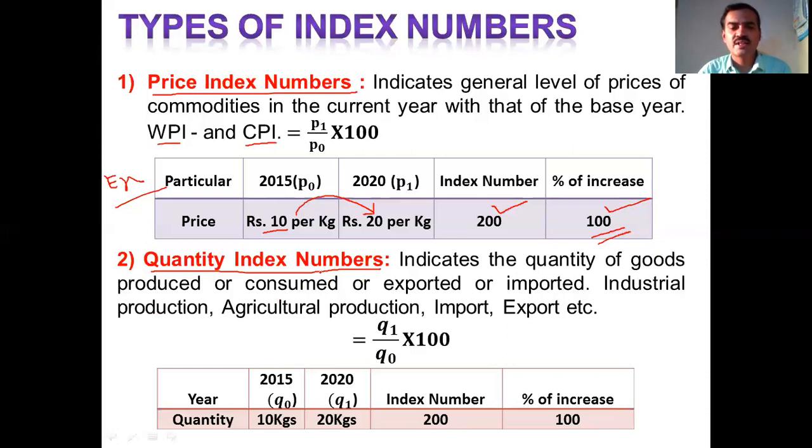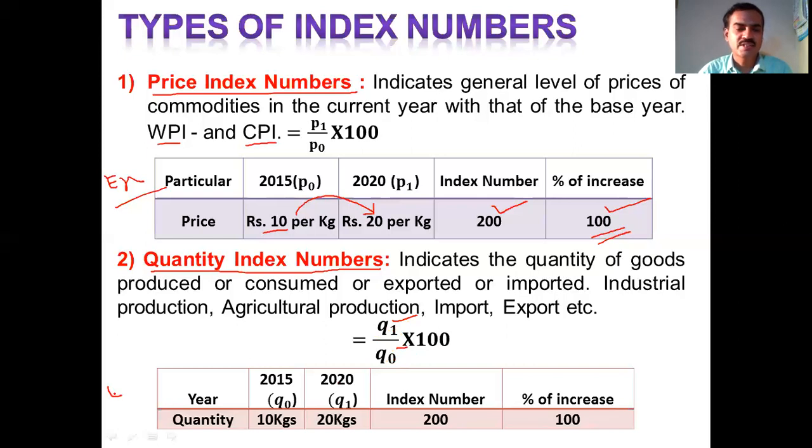Let us see here, the quantity index number is calculated with the formula Q1 divided by Q0. Always the numerator is 1, that is the current year, whether it is price or quantity, and the denominator is the base year, that is 0. Therefore Q1 divided by Q0 into 100.